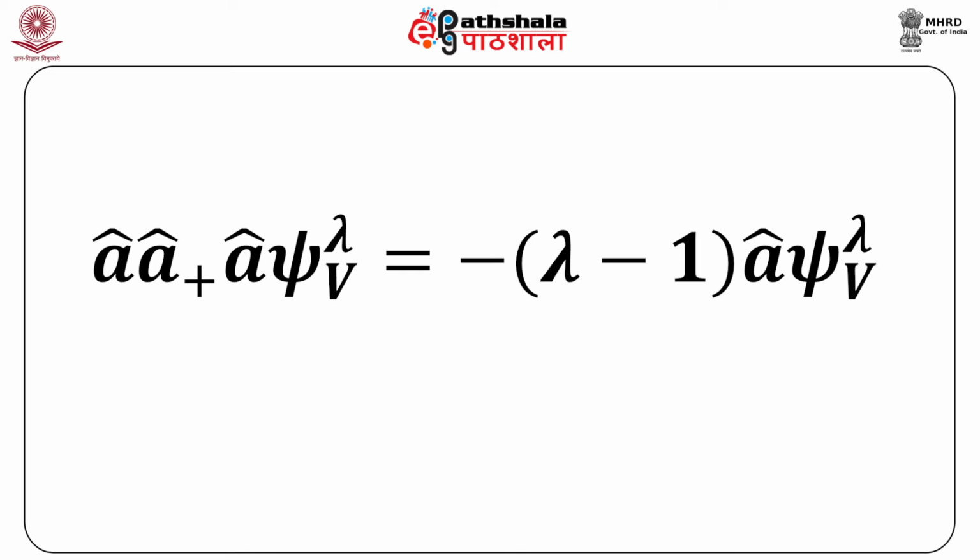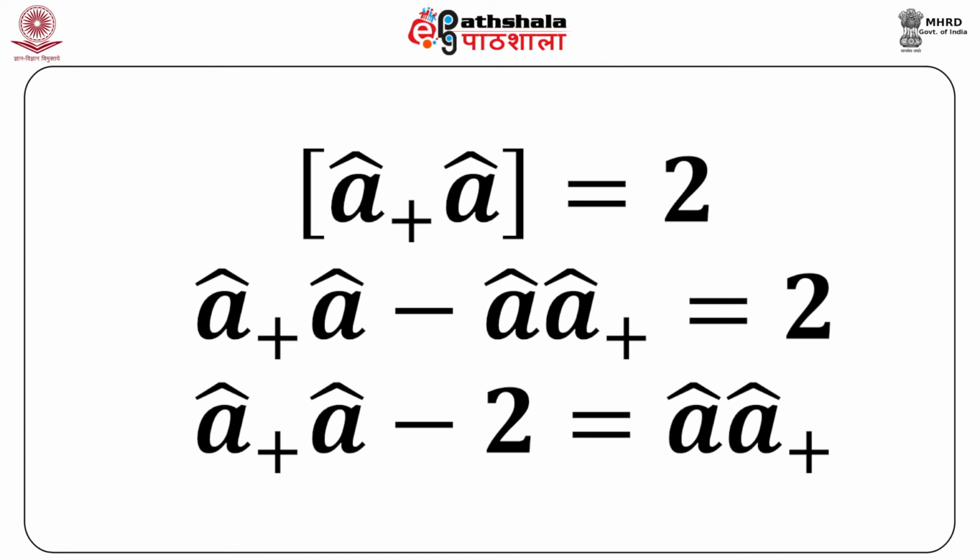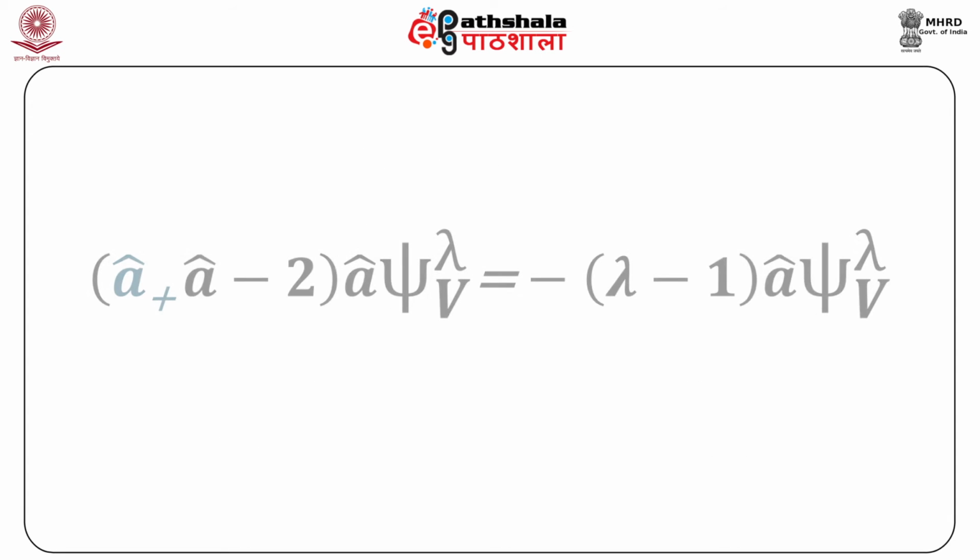Because ψv will change with lambda, therefore we have denoted it here with lambda. And from the commutator relation we know that the commutator is equal to 2. Therefore using this relation we find that ultimately we get a plus cap a cap minus 2 all operating on a cap ψv lambda is equal to minus lambda minus 1 a cap ψv lambda.